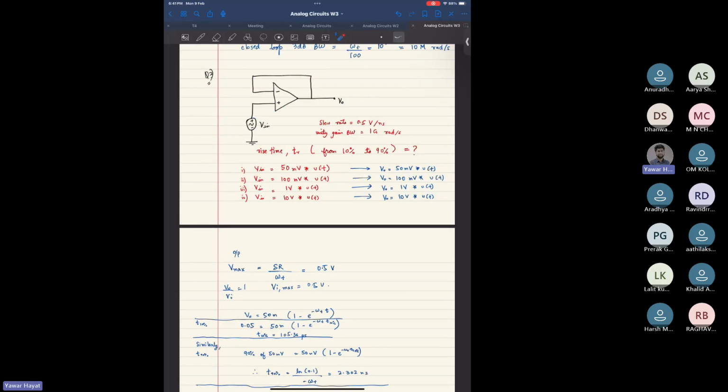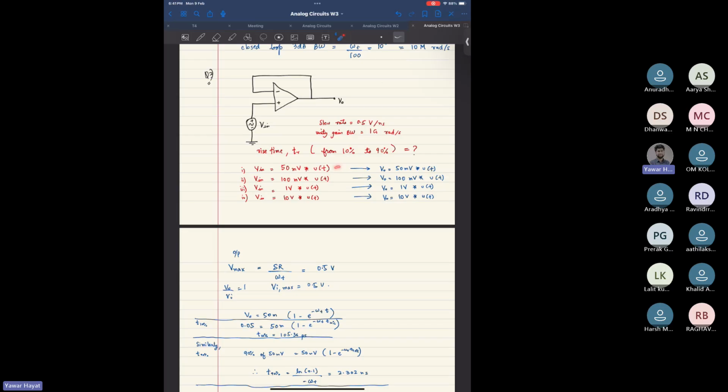So what was Q3? Yeah, Q3, we were provided a voltage follower circuit, right? We were given slew rate, we were given unity gain bandwidth, and we were supposed to compute the rise time, TR, from 10% to 90% for four V inputs, right?